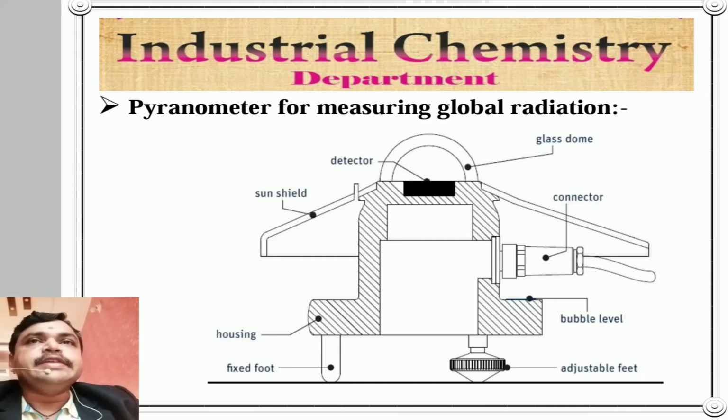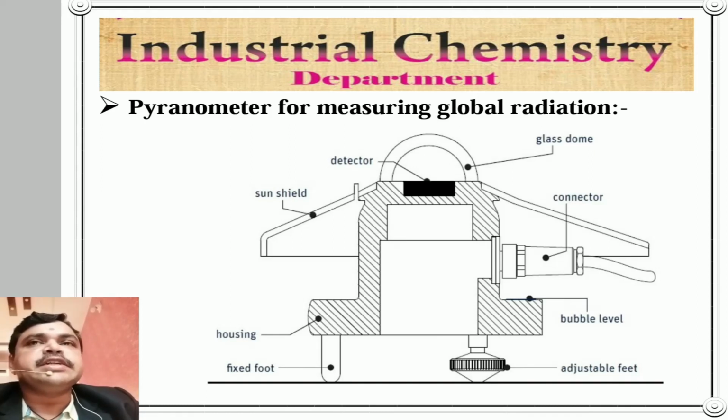It is an instrument which measures global radiation over a hemispherical field of view. It consists of a black surface which gets heated when exposed to solar radiation.